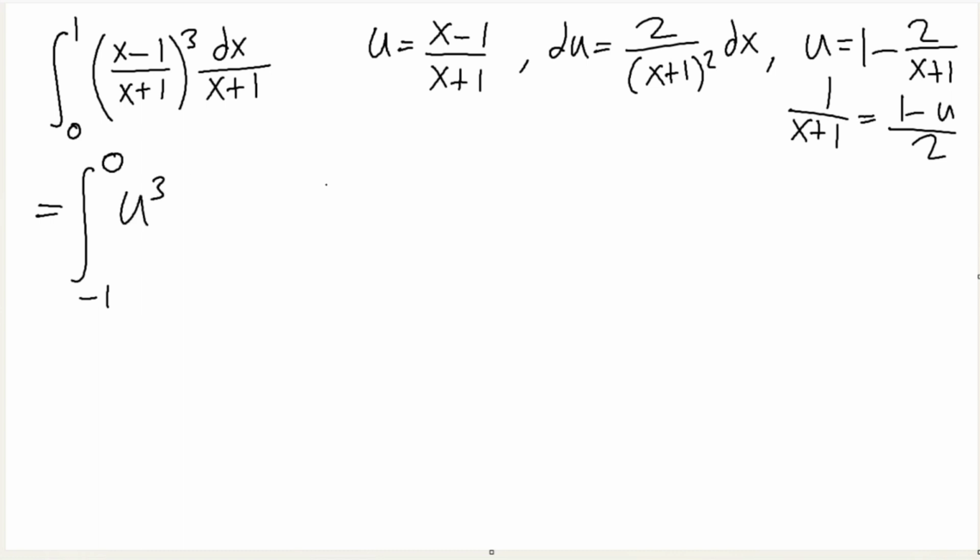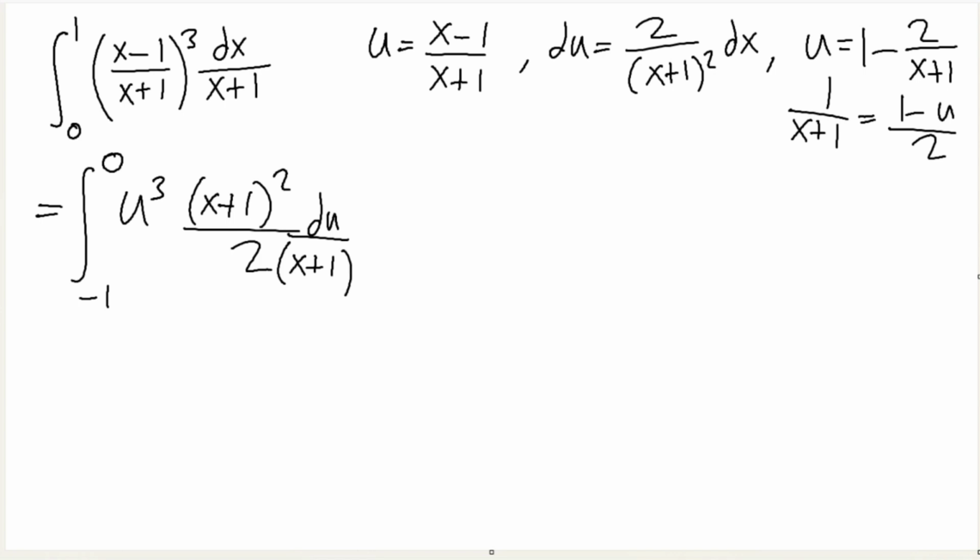And then for dx, we have 2 over x plus 1 squared. So we pretty much have something like x plus 1 squared over 2 du, and then I forgot about the x plus 1 at the bottom. There's just x plus 1 at the bottom.